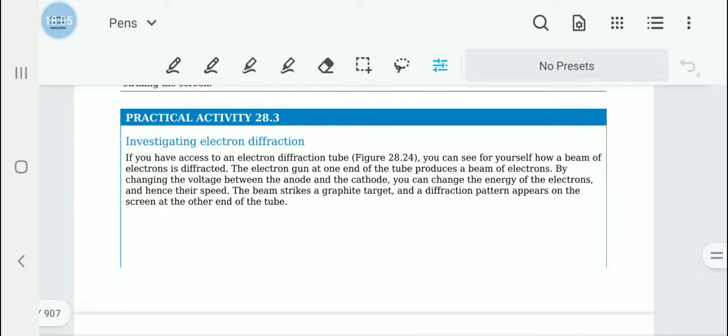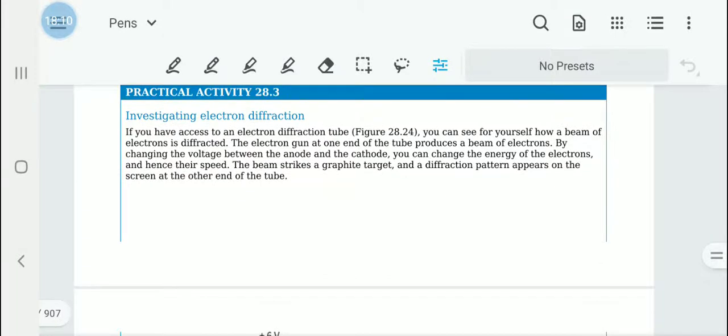Now, practical activity. Now we are going to investigate electron diffraction. If there is an electron diffraction tube, we can see how a beam of electrons would get diffracted. So there is an electron gun, producing electrons in the usual way.